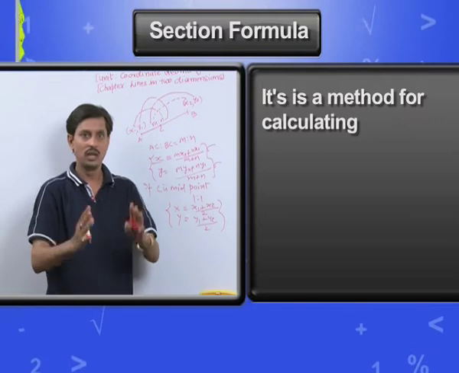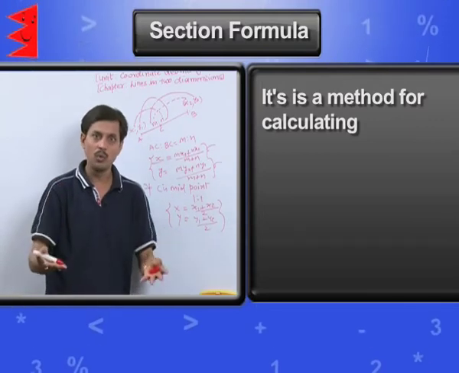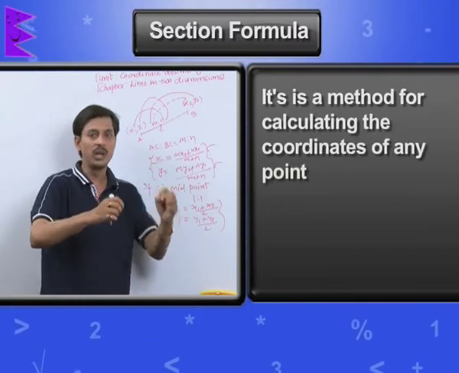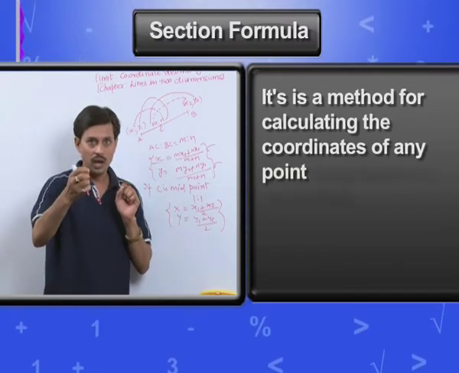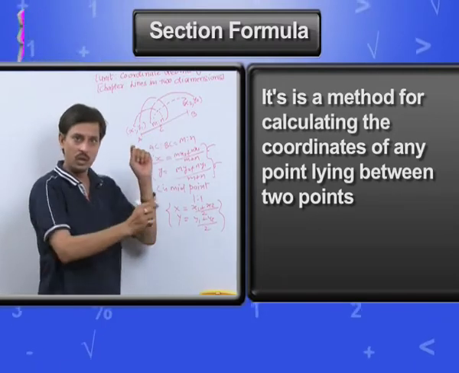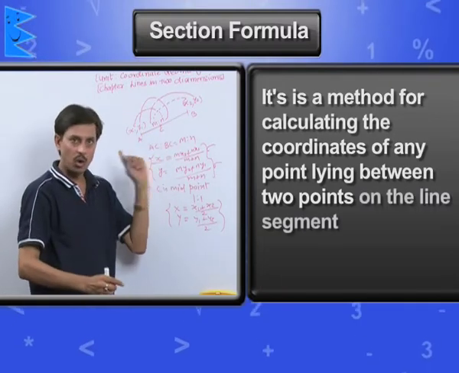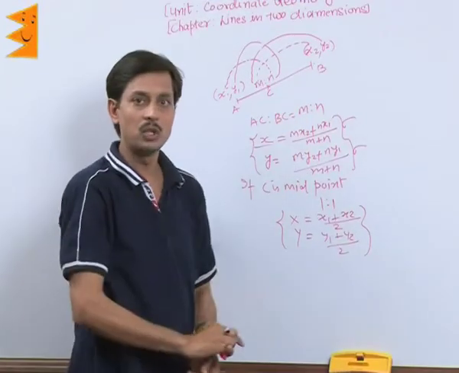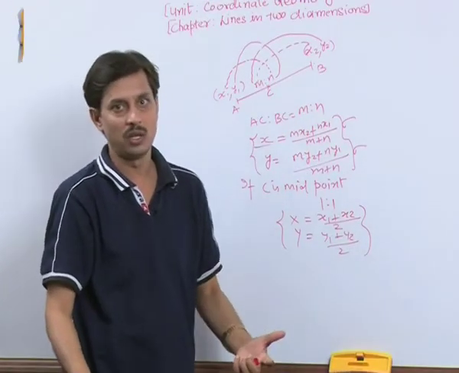So what is the section formula? The section formula is the method for calculating the coordinates of any point lying between 2 points, on the line segment joining these points, with the ratio m:n, or whatever it is given.